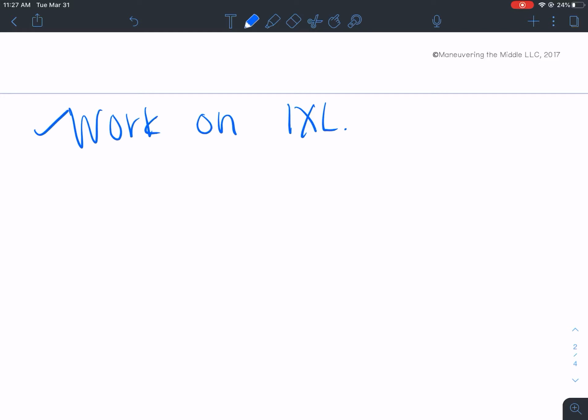So work on IXL. I want you guys to work to a blue, no, sorry, not a blue ribbon. I want you guys to work to a green ribbon. So I want you guys to work until a green ribbon on both of them.